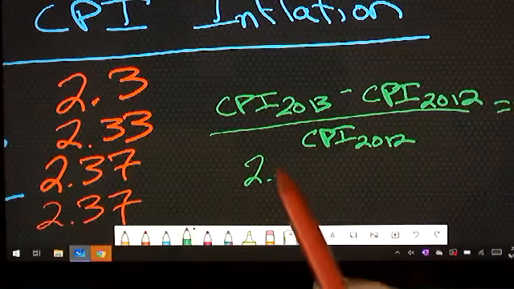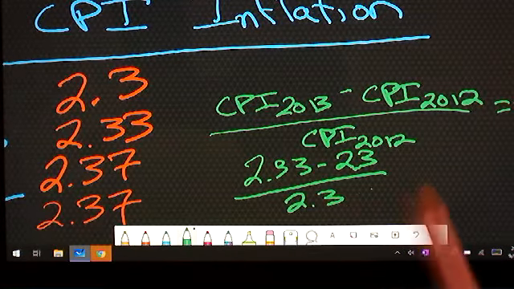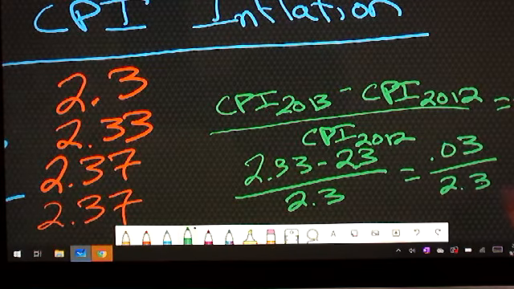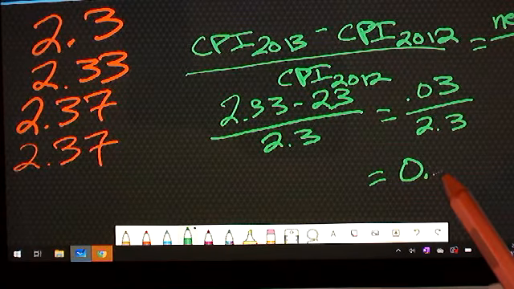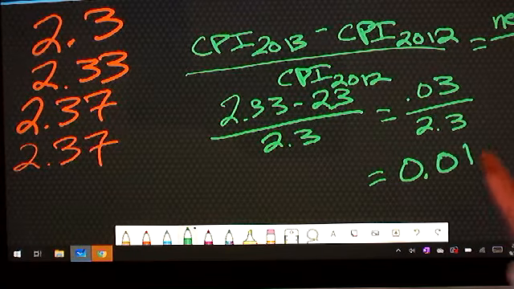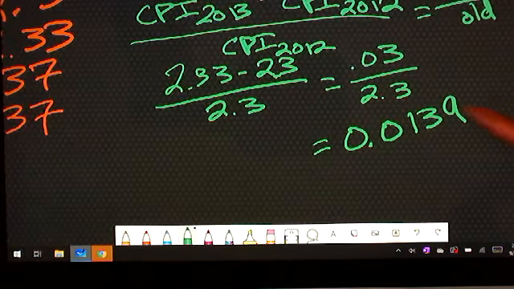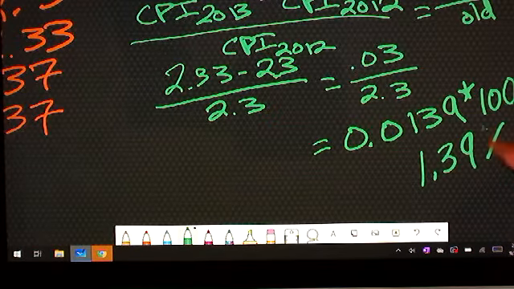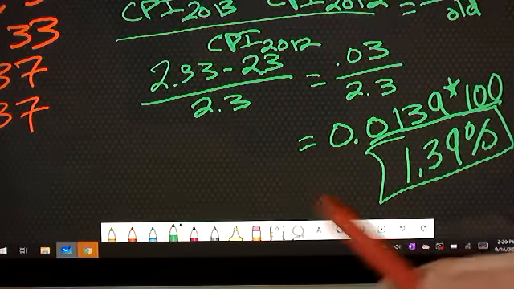So plugging those values in, we end up with 0.03 over 2.3, and we end up with 0.0139. But remember, this is a percentage change, so we multiply this by 100, and we end up with 1.39% as our final answer.